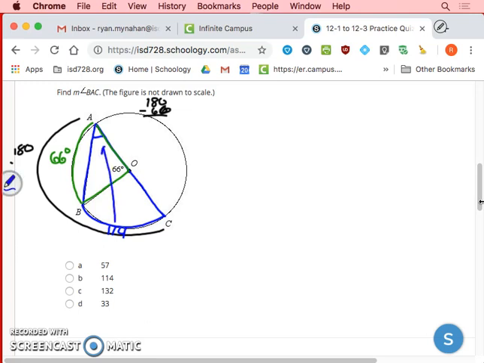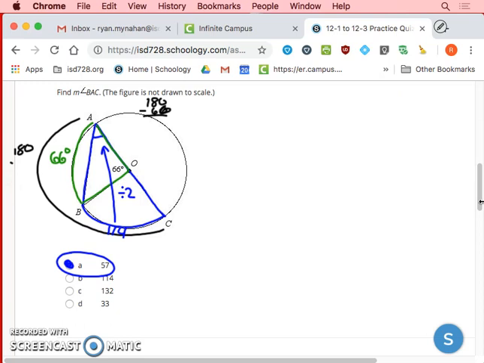That is twice as big as the answer. We're going to divide that by 2 to get an answer of 57. So 57 will be that final answer. So that would be number 10.